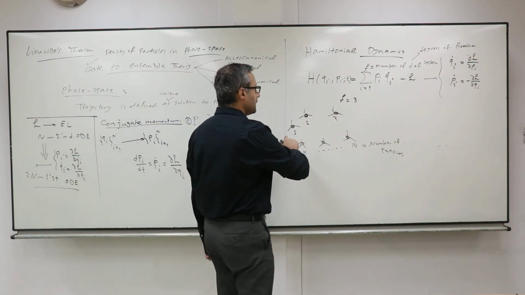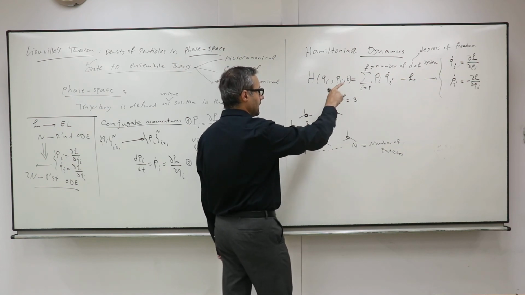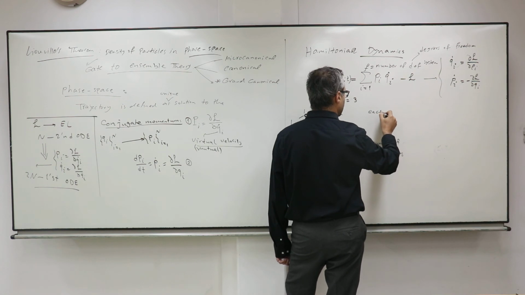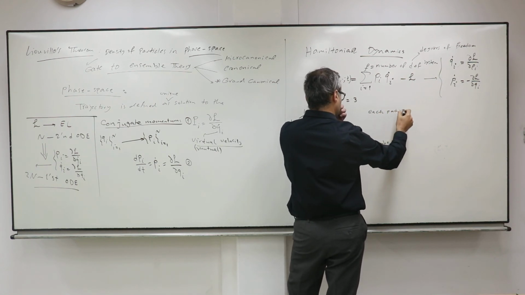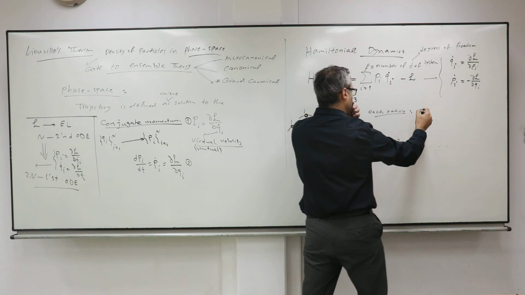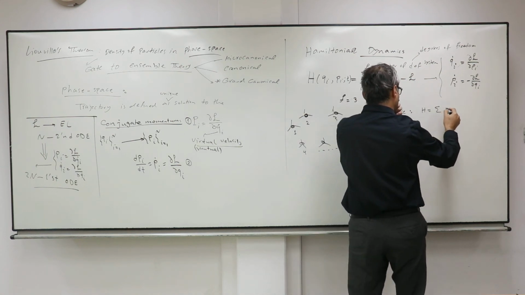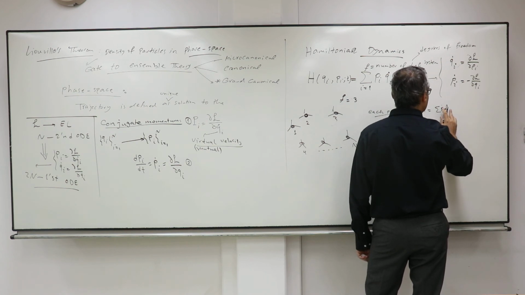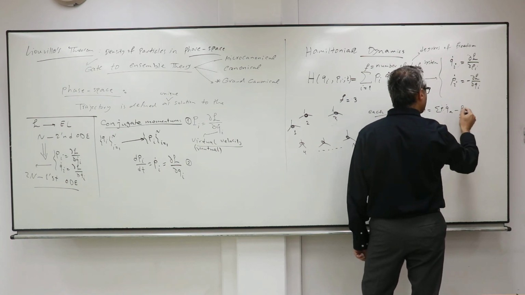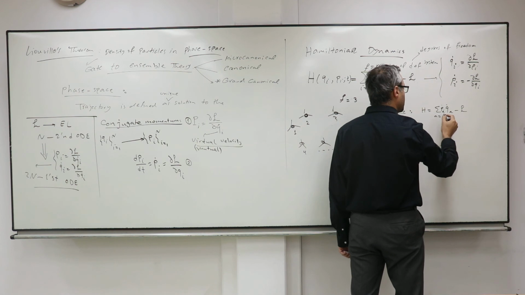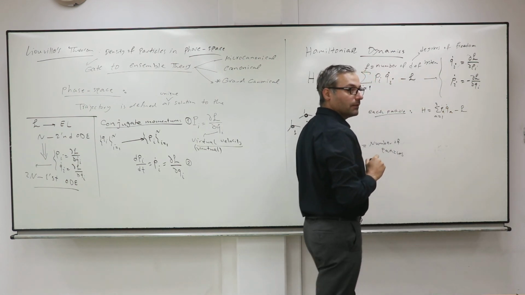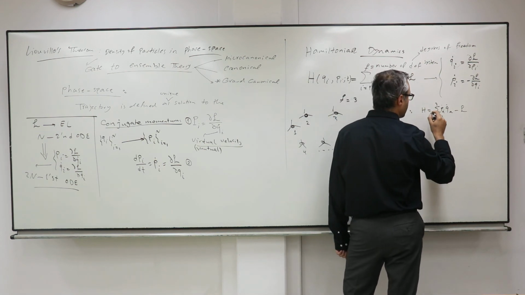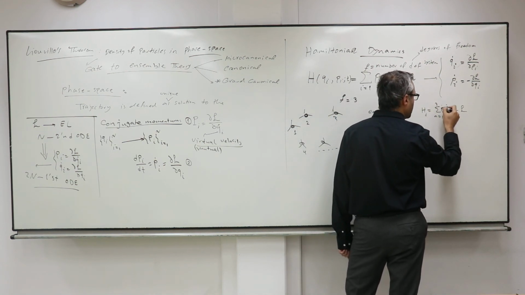So for each particle you have something like that. For each particle, the Hamiltonian is sigma P dot Q, P_r Q dot_r minus L, and r is 1 to 3, the coordinates. This is the Hamiltonian for each particle i.